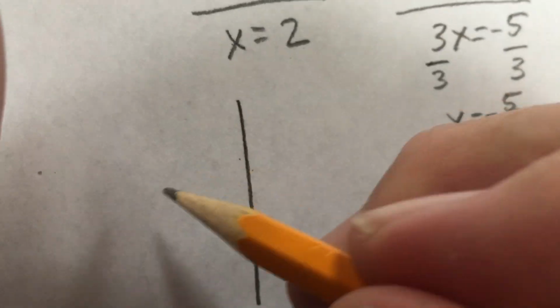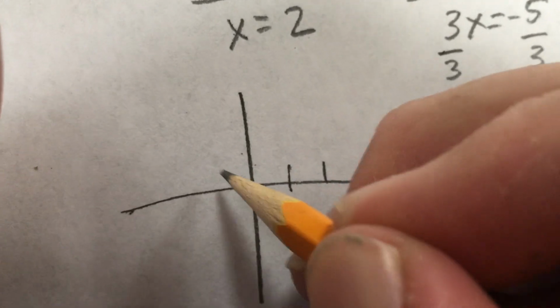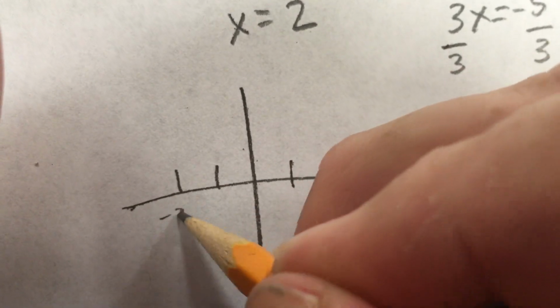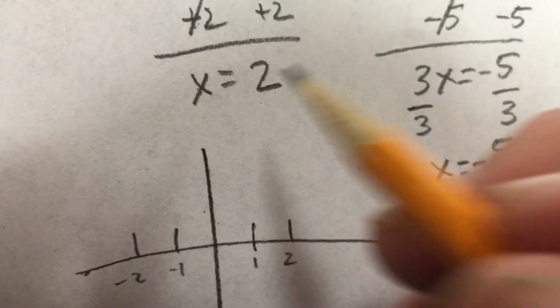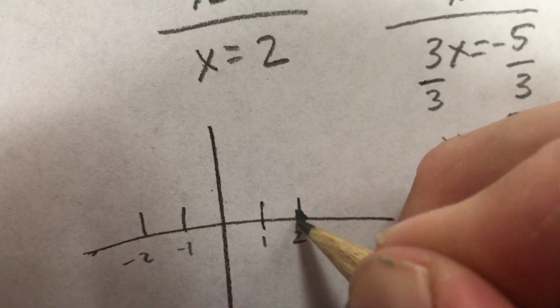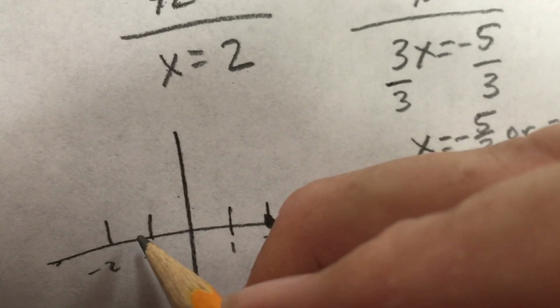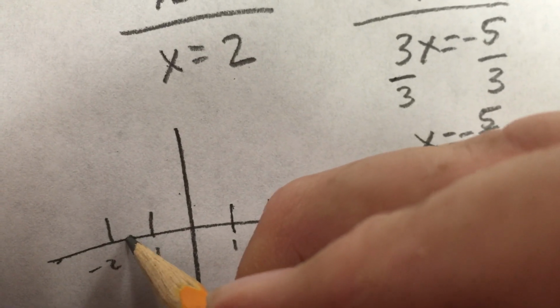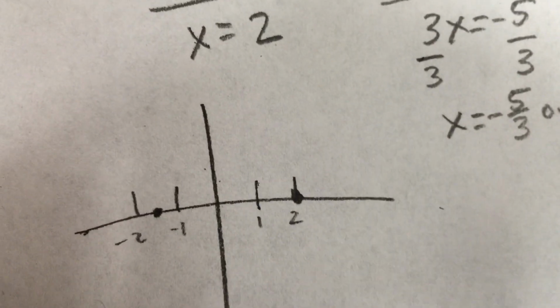All right. So if I was to sketch this graph out, there's 1, there's 2, negative 1, negative 2. One dot would be where x is positive 2, and another would be negative 1.6. I'm going to guesstimate that's right about in the middle between negative 1 and negative 2. All right.